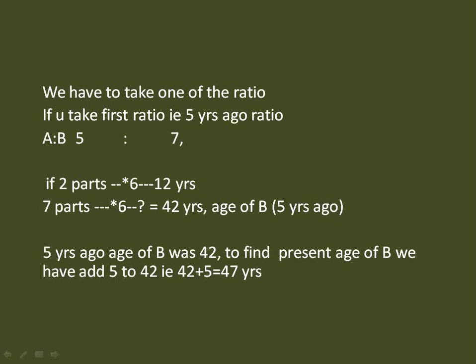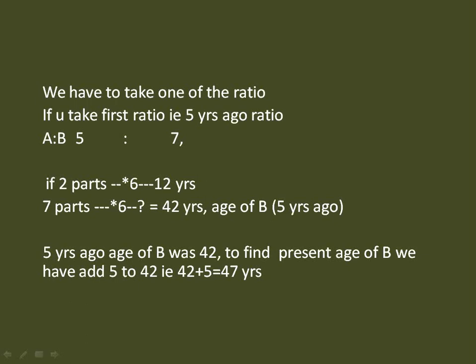Here, what is the number representing B? 7 parts. If 2 parts are 12 years, how much are 7 parts? What is the relation between 2 and 12? Into 6. 7 into 6 is 42. This is the age of B when? 5 years ago. So 5 years ago the age of B was 42. If you want to find the present age of B, we have to add 5 years to 42.